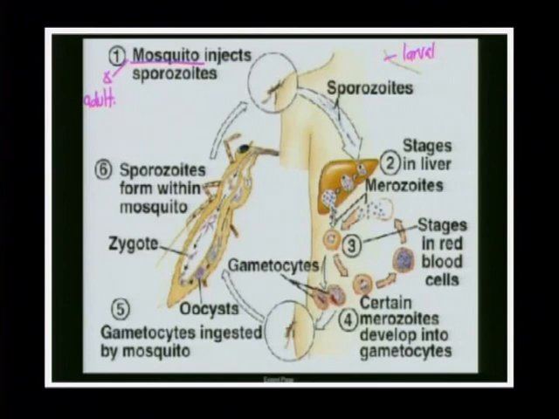Let's follow the life cycle and see what happens at each stage. A female Anopheles mosquito has the parasites in an immature form called a sporozoite in her salivary glands. She will use her long mouthpart to pierce the skin of a human.